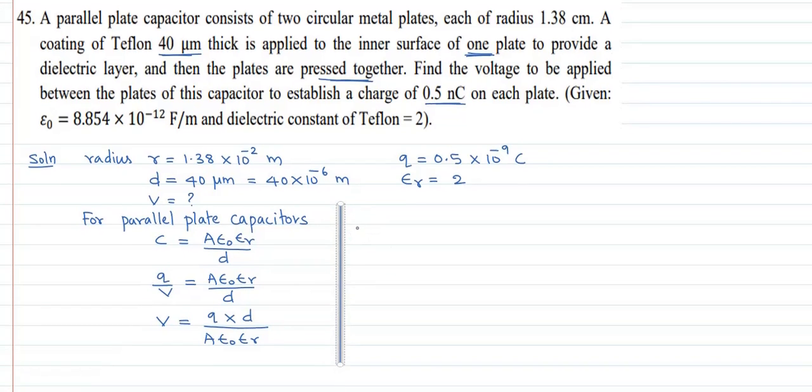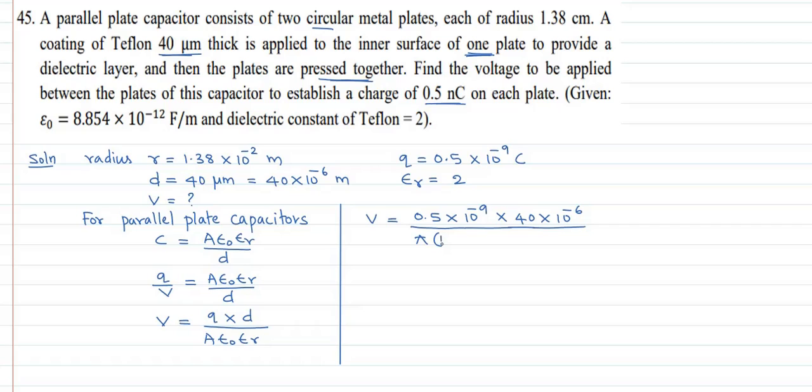Now substitute all the values and simplify. Therefore, V is equal to 0.5 into 10 raised to minus 9 into D, which is 40 into 10 raised to minus 6, whole divided by A. A is the area. The plate is circular, so I can write it as pi r square.